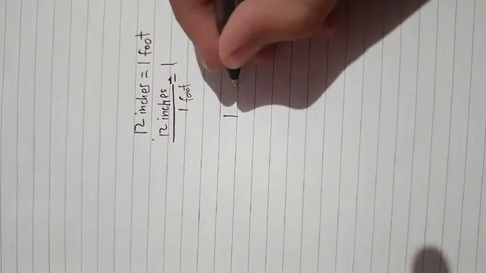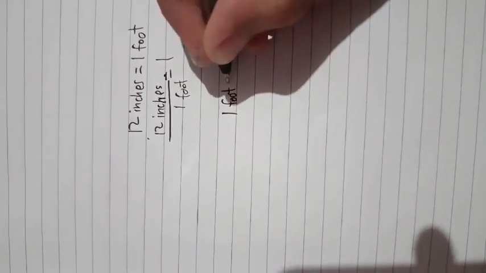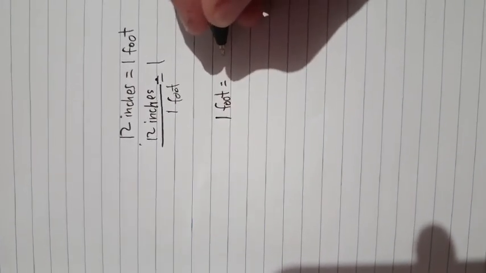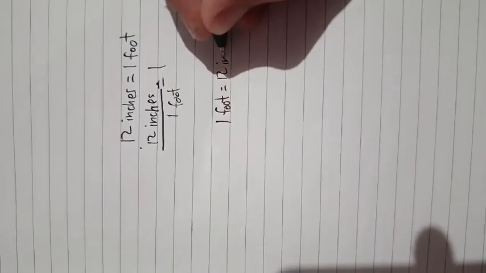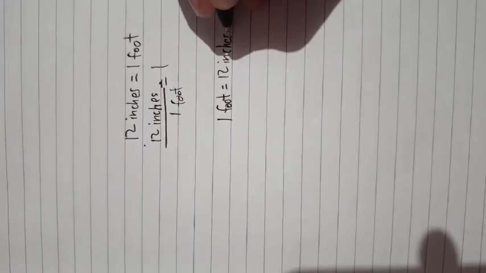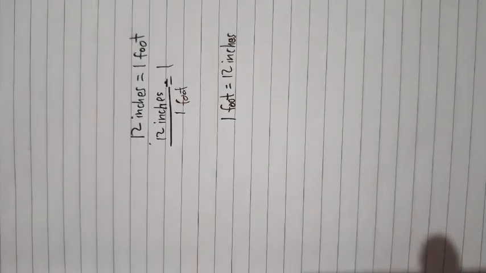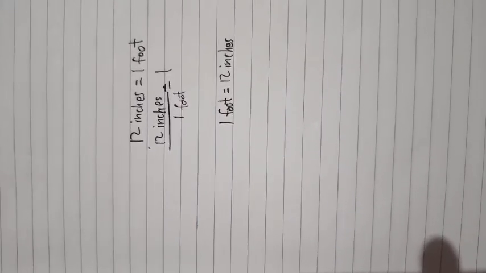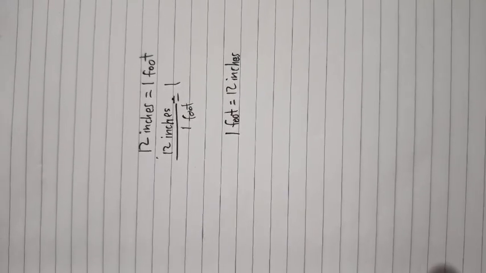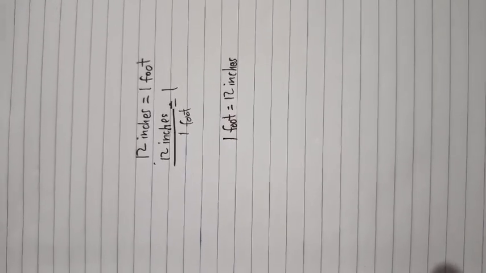Well, since 1 foot equals 12 inches, we multiply 3.5 by 12 and we get 42 inches. So 3.5 feet equals 42 inches. This is very useful when you're designing furniture or measuring space in architecture, where precision is key.